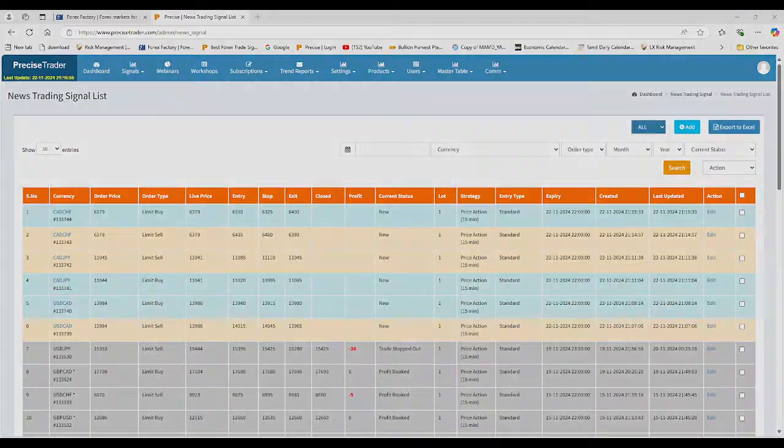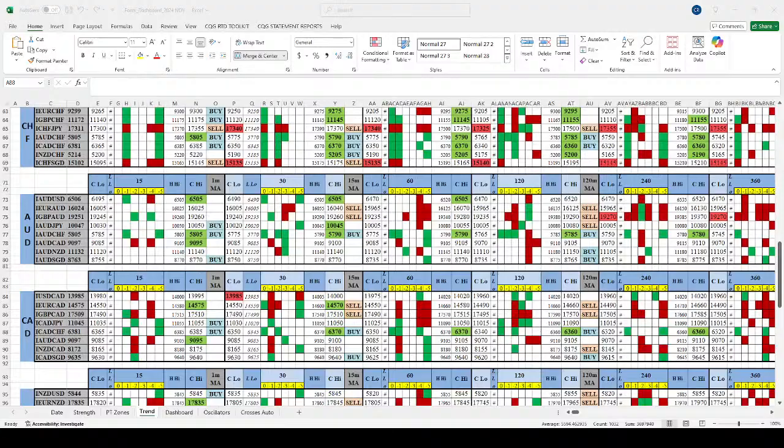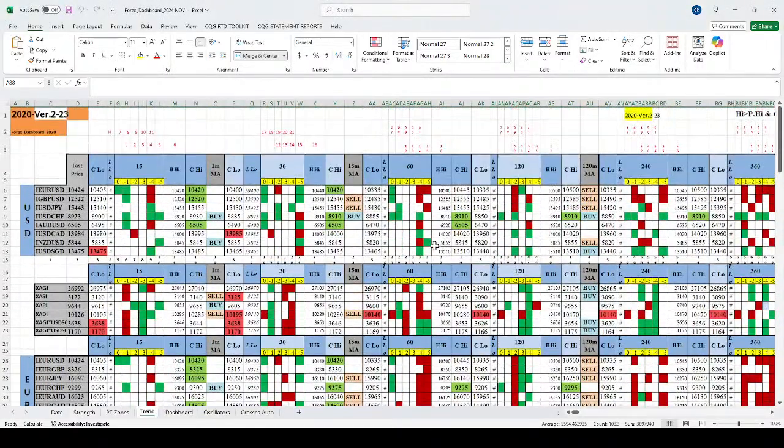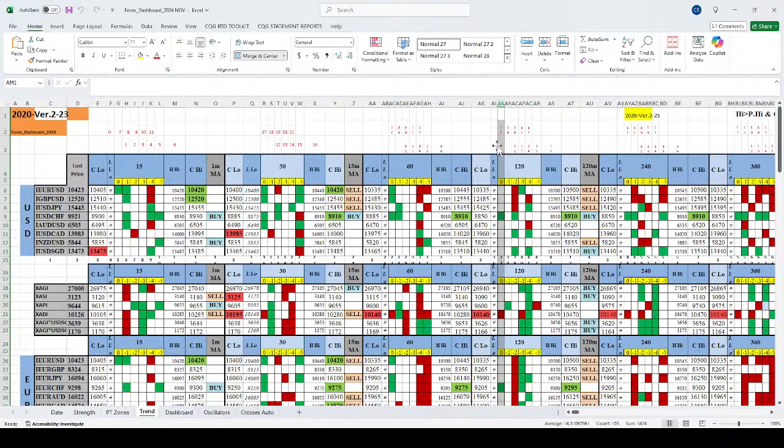Let's say we are looking at gold or dollar yen, because dollar yen looks to be a bit quiet today. When we look at the direction line, usually we use 60 and 120 as a guidance. Direction line means our immediate direction.